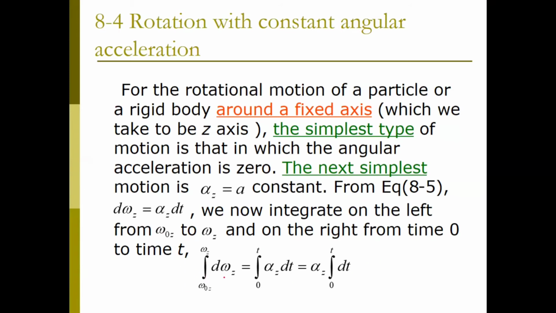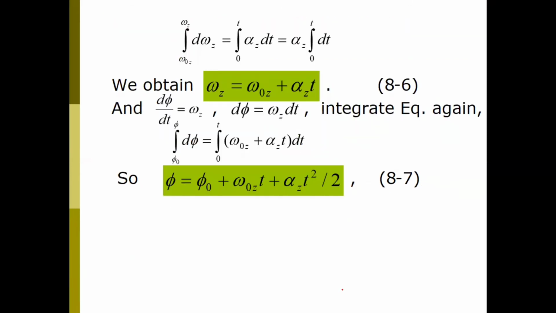As shown here, the integral of d omega from omega sub 0 to omega is equal to the integral from 0 to t of alpha dt, which is alpha times the integral of dt, and so on as shown here.